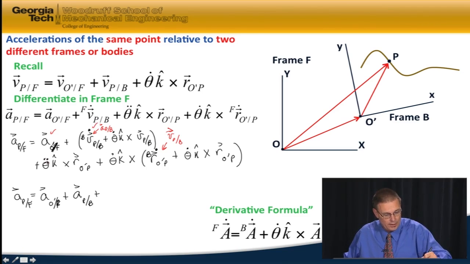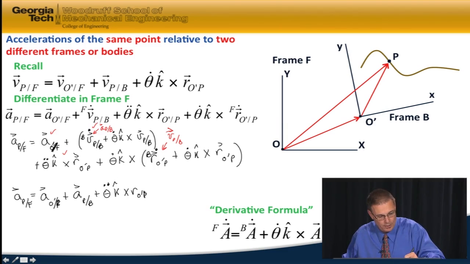Now I'm going to take care of this term right here, which is plus theta double dot k crossed with r from o prime to p. And then I've got theta dot k crossed with theta dot k crossed with r of o prime to p.